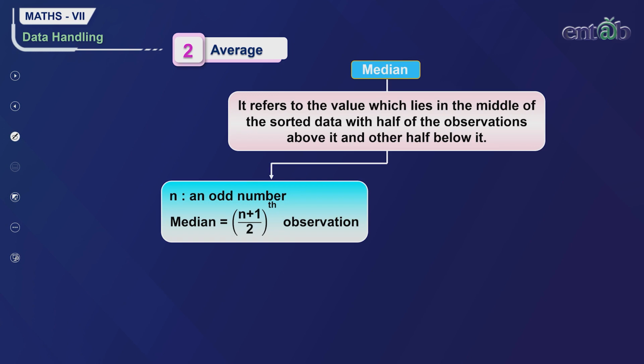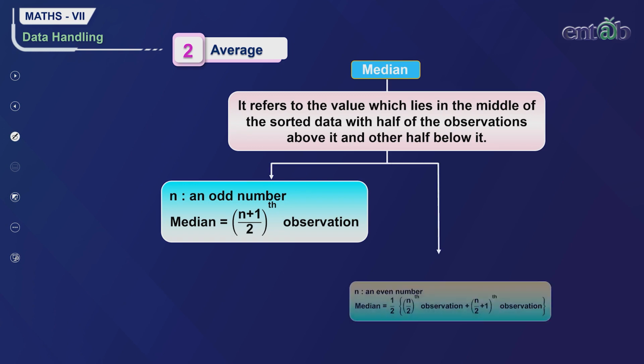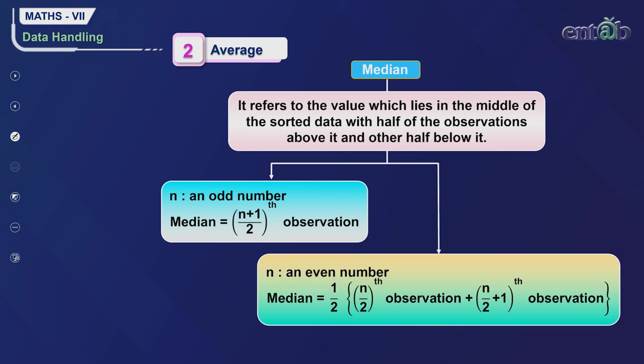Keep in mind that n here is the number of observations. When the number of observations is even, we will use this formula: half of the sum of the n upon 2th observation and the (n upon 2 plus 1)th observation. Using these measures, we can calculate the central tendency of the given data set.